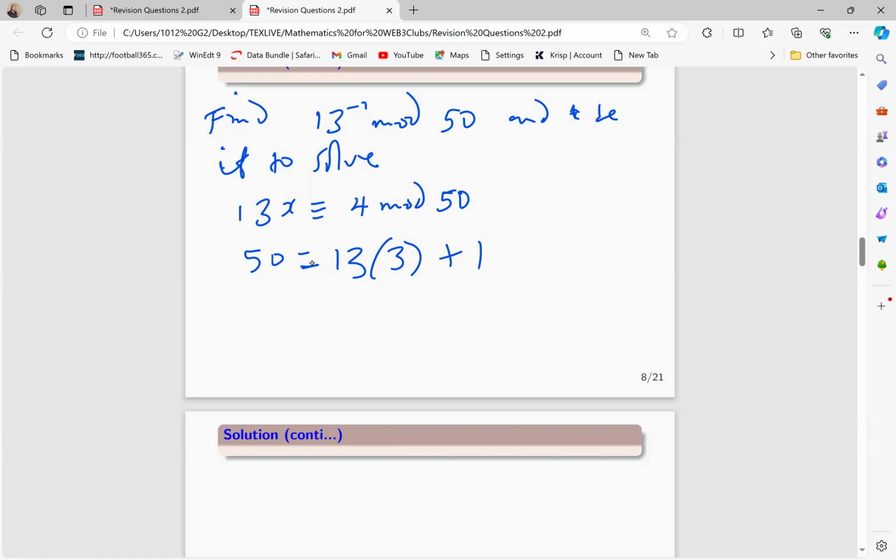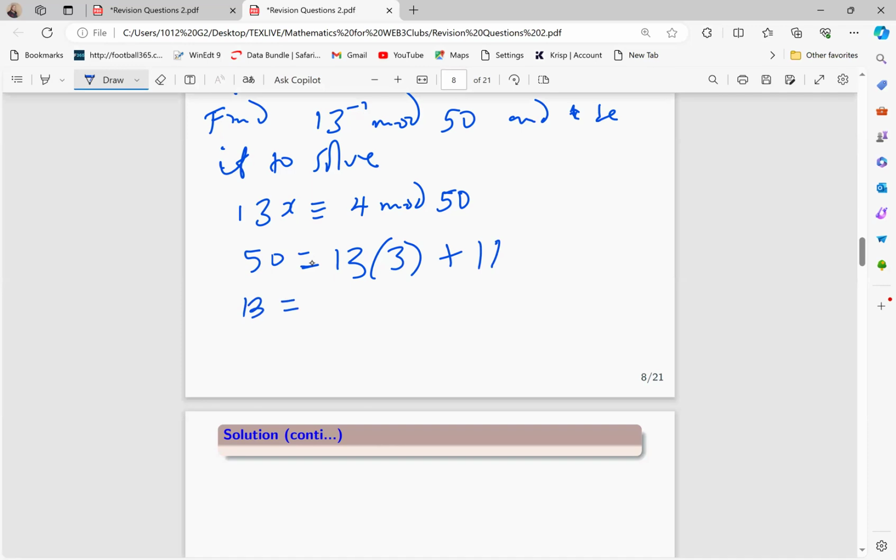Oh, it was 13 times 3, yeah. Okay, so now 13 equals 11 times 1 plus 2. 11 is equal to 2 times 5 plus 1.